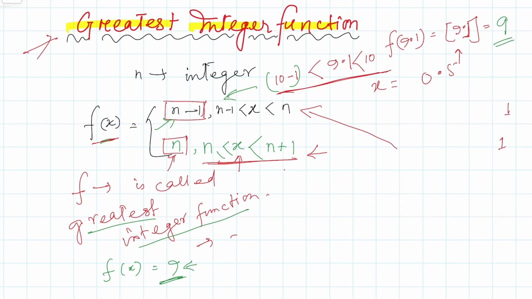Now let me tell you what the domain and range of this function are. Here, the domain of this function will be the set of all real numbers, because we can put any real number as the value of x, but we will always get an integer.